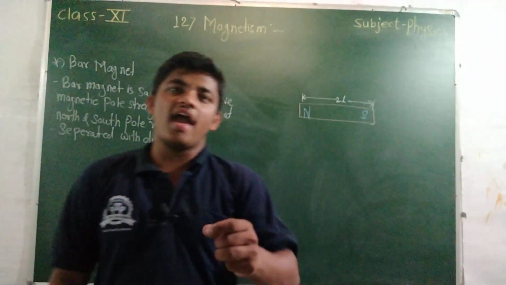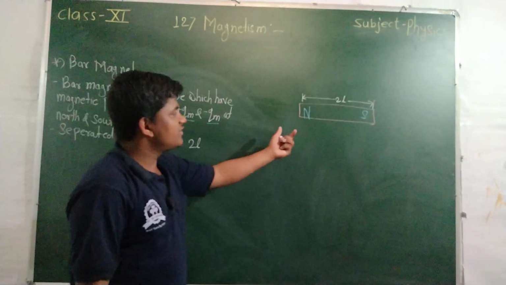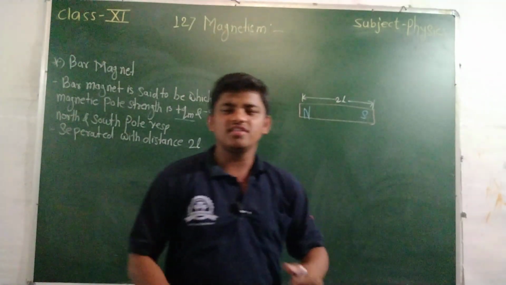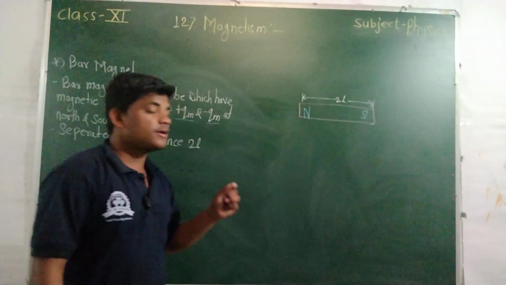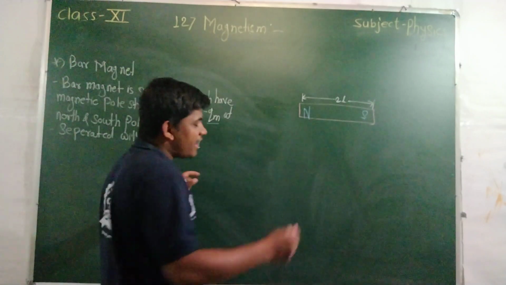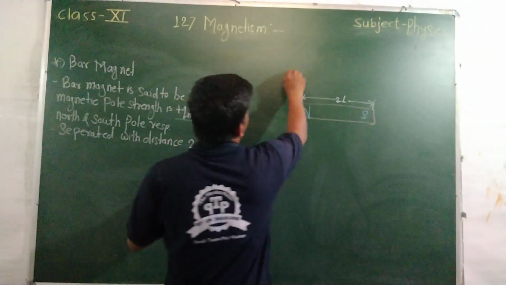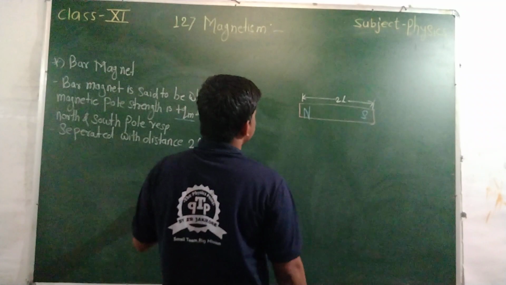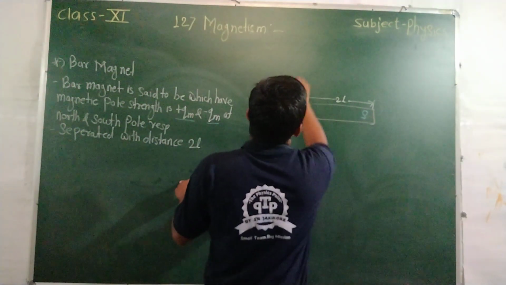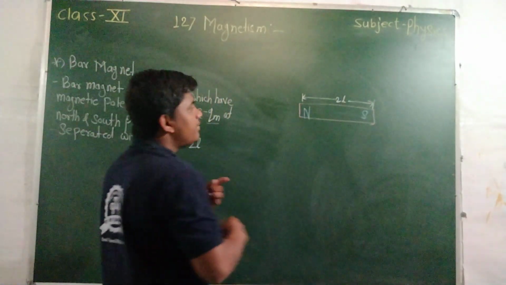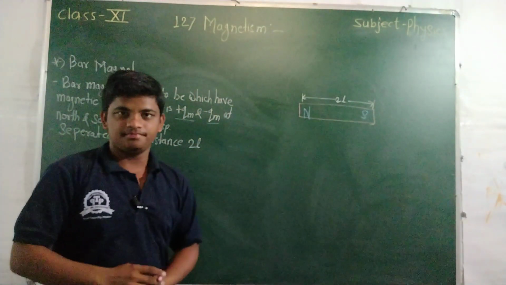The bar magnet has two poles, the north pole and the south pole. This is the basic information about the bar magnet. In the previous lectures we discussed the magnetic lines of force. They are like this, and they also form inside, forming a complete closed path.